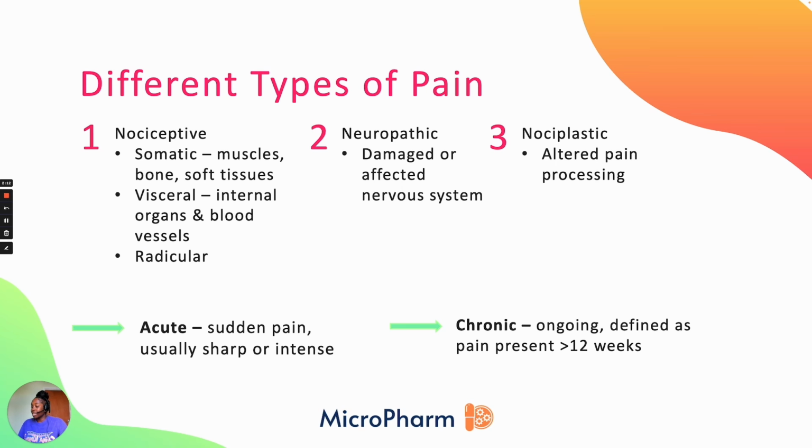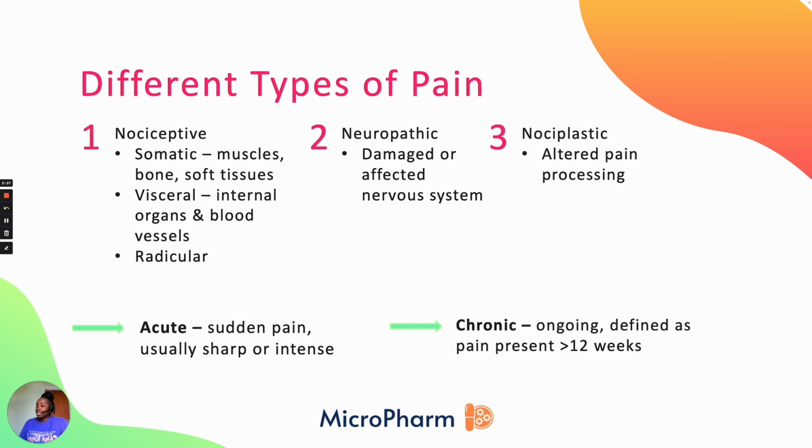Nociceptive pain is the most common type of pain, and it occurs in response to a painful stimulus. It can be somatic, which is where pain receptors in the muscles, bones, or soft tissues are activated, or it can be visceral, which occurs when the internal organs and blood vessels are inflamed, damaged, or there's some sort of disease.